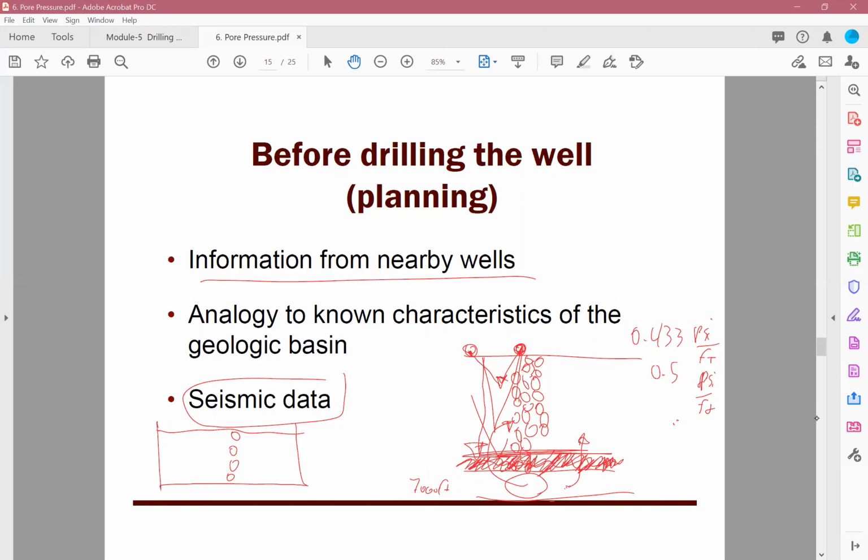So there is a whole area, right? The geophysics course, which is not currently offered in the geology department, was basically talking about all these different methods of seismic. So that also could help in determining the formation pressure.